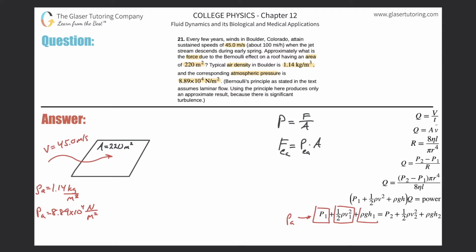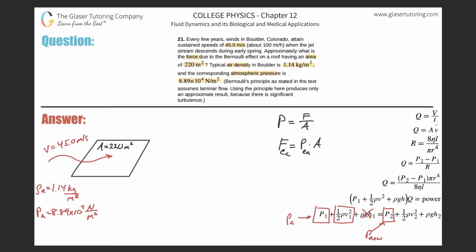There is no change in height here, so there is no height aspect to this, and I can cancel that. On the right-hand side, what I'm solving for is P2. That's my goal. Here is atmospheric pressure. If I take atmospheric pressure and add to that the pressure that the wind exerts on this roof, then I can find the total pressure of the atmosphere plus the wind.